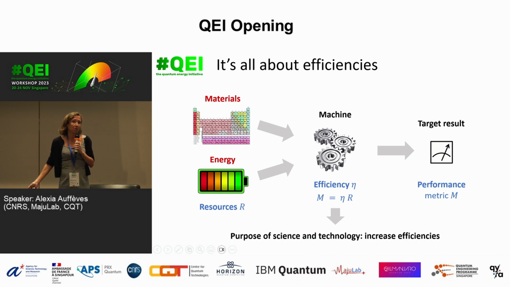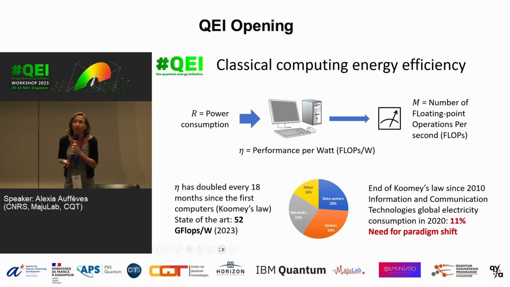The first efficiency that we learn when we are small at school is the Carnot efficiency in classical thermodynamics. But there is another field which is very aware of the importance of energy efficiency: classical computing. In classical computing, the performance is typically how fast your computer can execute operations, usually counted as a number of floating point operations per second.